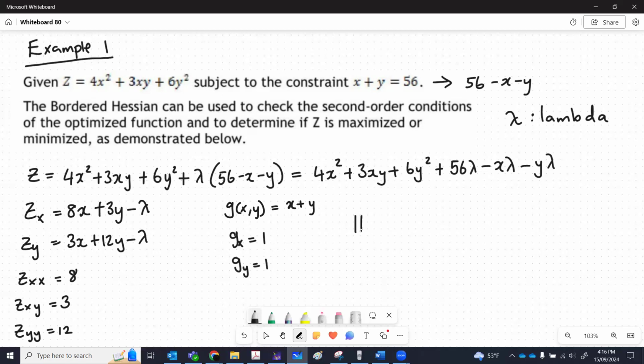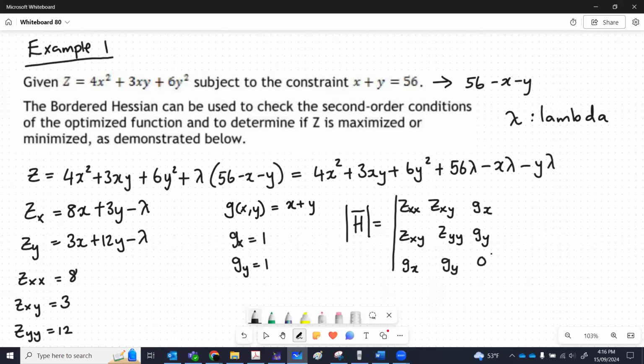All right, now we look for the bordered Hessian. Remember to put the bar that is telling you that it is bordered. Here we're going to use this one where we have f, I'm saying f, but it's z in this case. It's zxx, zxy, zxy, zyy, and then we border it with gx, gy, gx, gy, and here we have 0 over there.